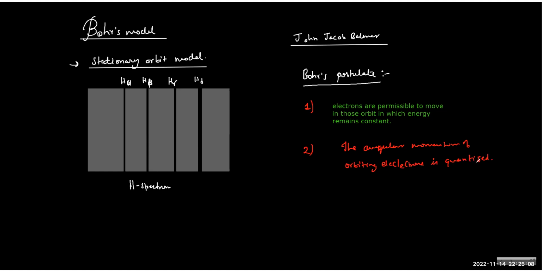Quantized means basically discretized. So it has a discrete value, some specific value, not all values. When we say non-quantized, it means it is continuous in nature. Quantized means you have some specific values, but you don't have all values. So that is the basic postulate of Bohr's theory.